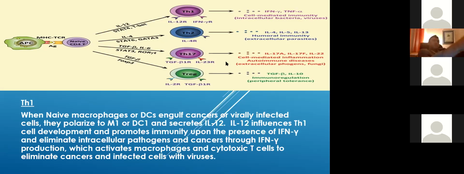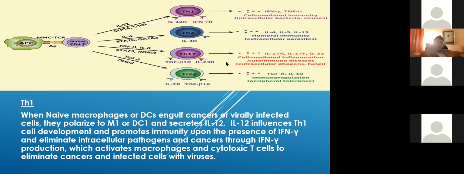They are the soldiers that will attack those virus-infected cells or cancer and cause destruction by secreting their cytotoxic chemicals that will open up pores in the cancer cell membrane and the infected cells, and kill those foreign bodies or foreign cancers and infected cells.